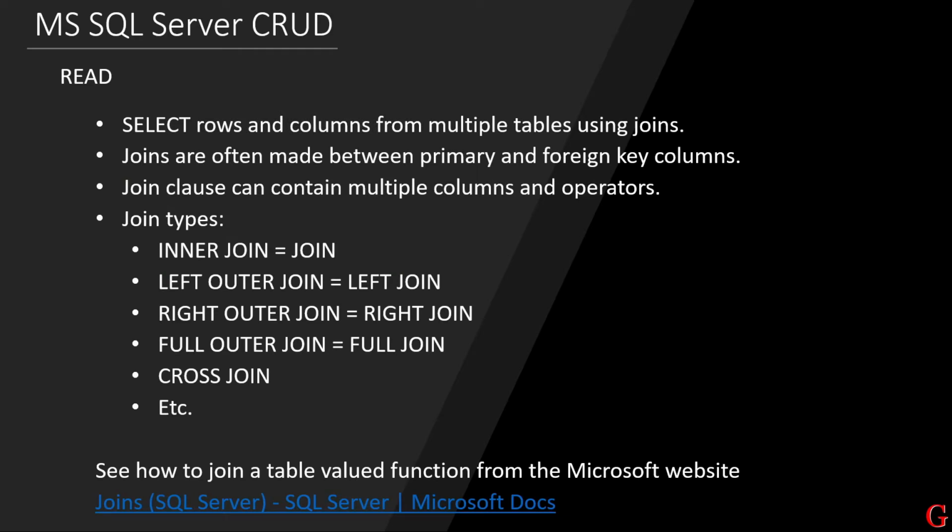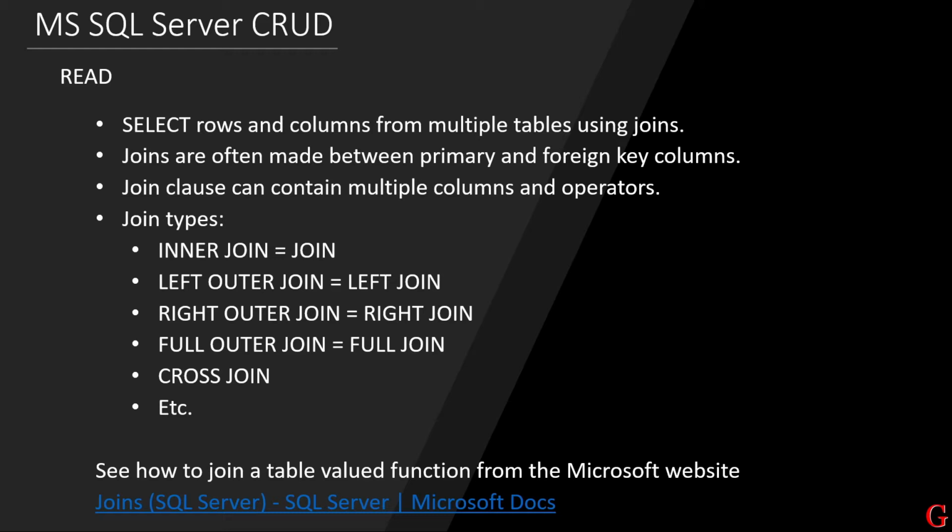Usually, you read rows and columns from multiple tables. This is when you need the join clause. Joins are usually made between primary and foreign key columns. You can also join on multiple columns using AND or OR operators. In this video, we will use inner, left, right, full and the not so often used cross join.